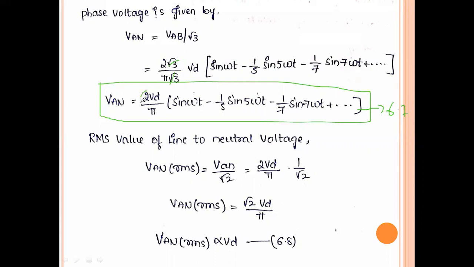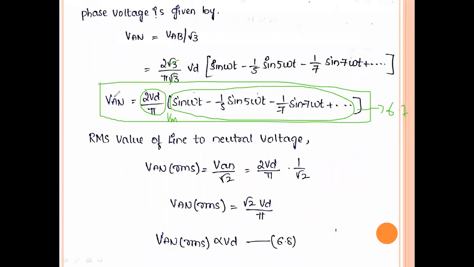Okay, where this 2 into Vd by pi is the maximum value, because it is Vm into sine omega t, right? So this entire term represents a sine waveform function, and this starting term represents the maximum value, which is Vm.